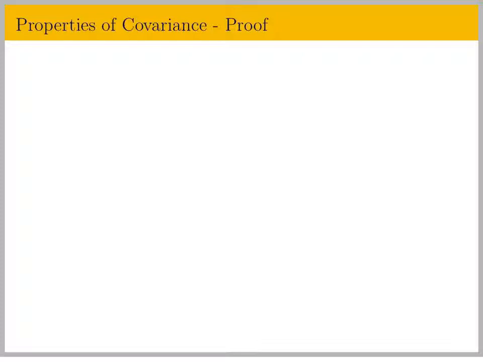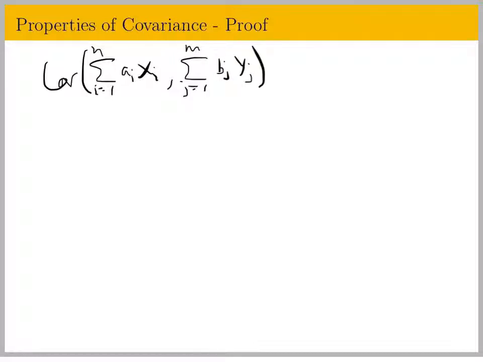So if we say the covariance of the sum over i equals 1 up to n, so we have these n random variables that are the x's, and then these m random variables that are the y's.